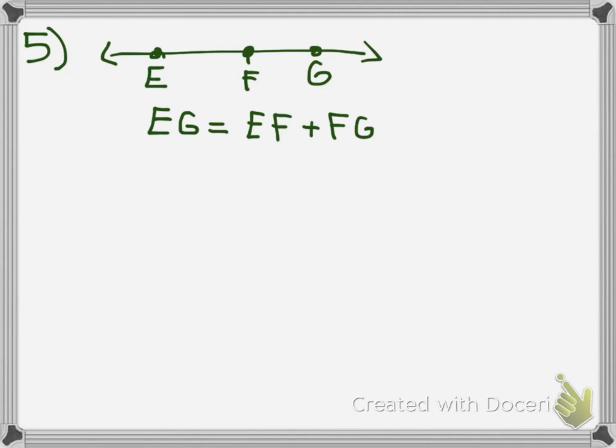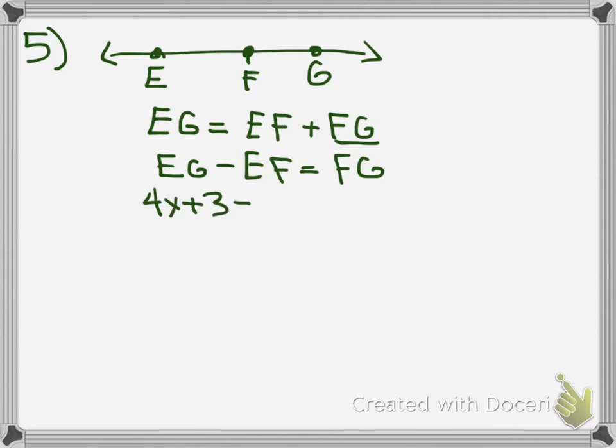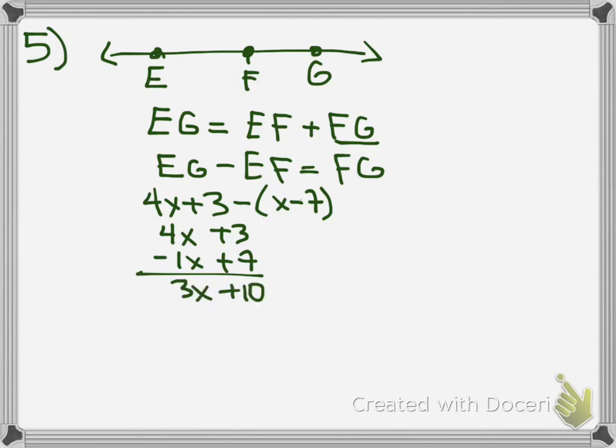In other words, 2 small parts. And if I want to find one of the small parts, I subtract it from the total. So in this case, I'm going to subtract these 2 and go from there. And that would give me 3x plus 10. Now, maybe what I would do for y'all is give y'all some numbers.